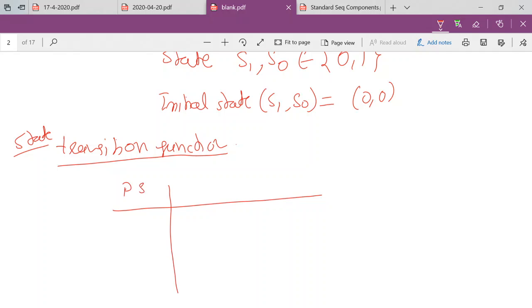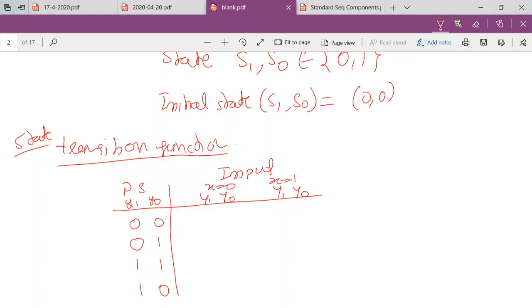This is your present state, so we can write y1 y0. The input has two possible values, x equals 0 and x equals 1. In that case, the next state is capital Y1 capital Y0. There are 4 possible states: 0 0, 0 1, 1 1, and 1 0.